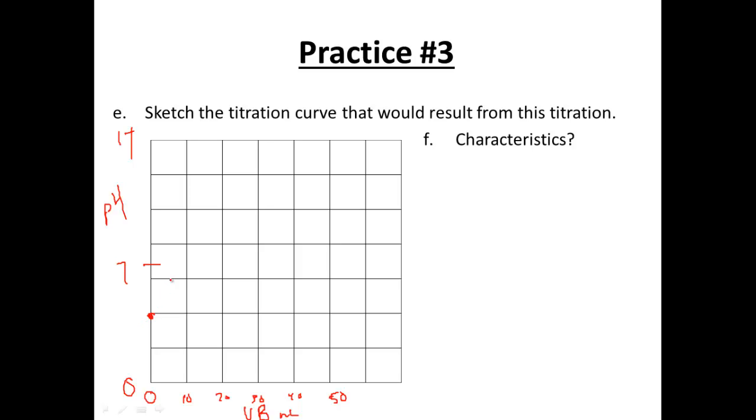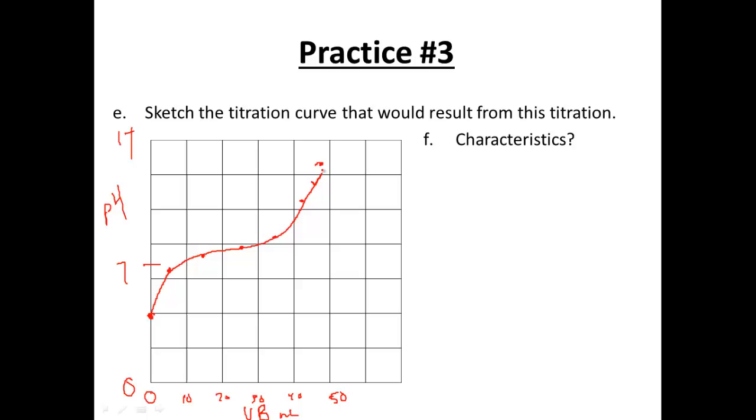At 5 milliliters, the pH went to about here. At 15, it went to about here. At 25 was here. At 16 it was here. The equivalence point was 42 milliliters, and it was a little over 10. And at 47 milliliters it was up to here. So here's our general pH curve of a weak acid being titrated by a strong base.